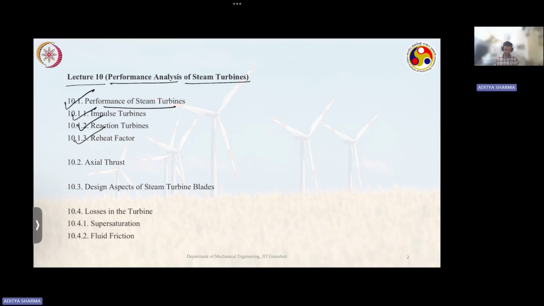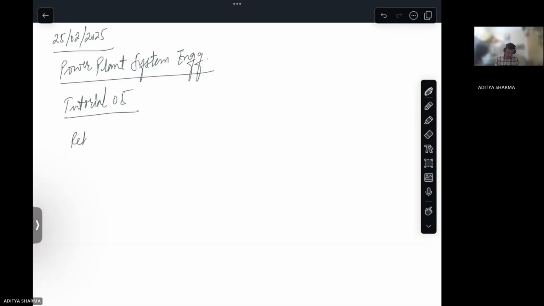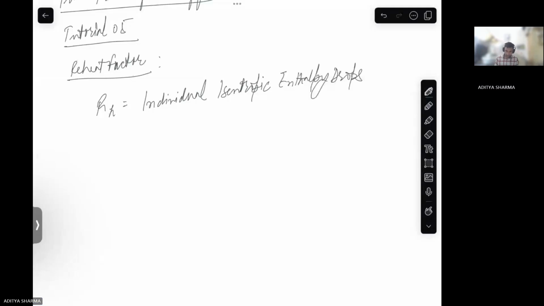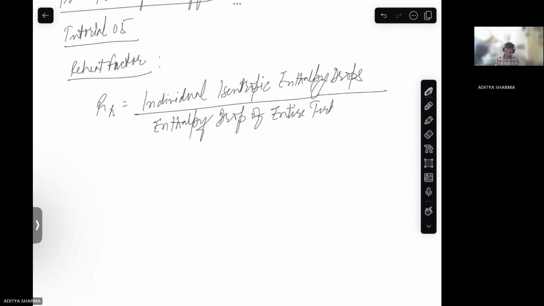Then one parameter, reheat factor, is there. So this is your reheat factor.